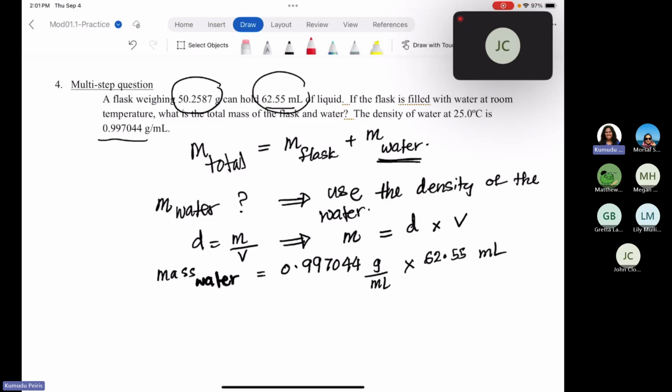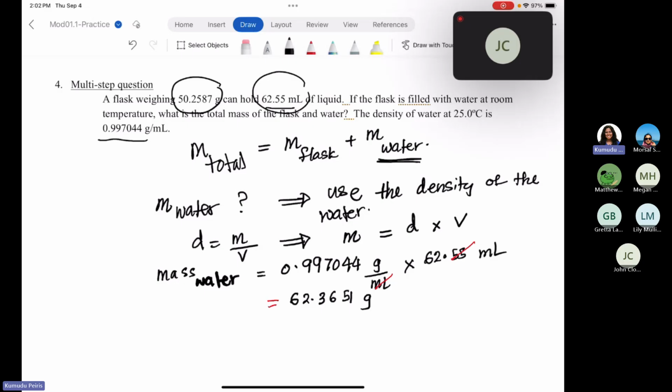So milliliters cancel out, and we will get the answer in grams. I got the answer as 62.3651 grams.